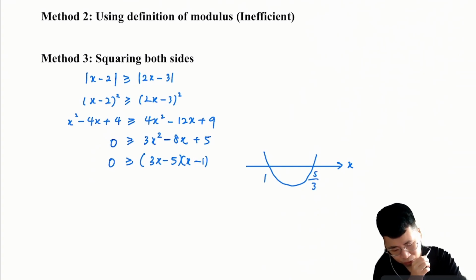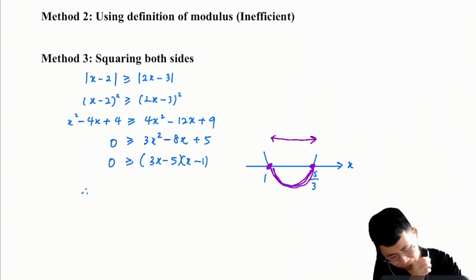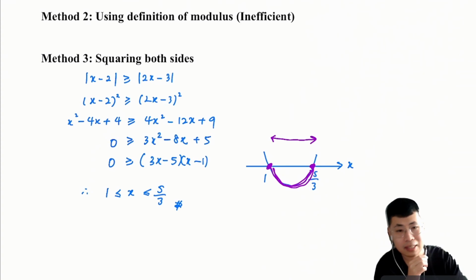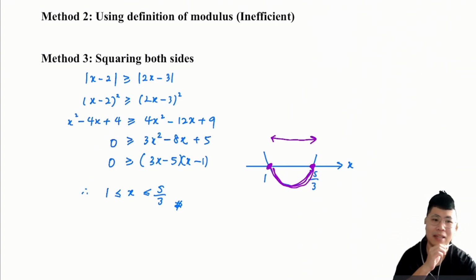We're looking for this region and this region, the part below the axis. So the x values that we'll need to take are in between these two values. So it will be 1 less than or equal to x less than or equal to 5/3, which is in the solution from the graphical method as above.